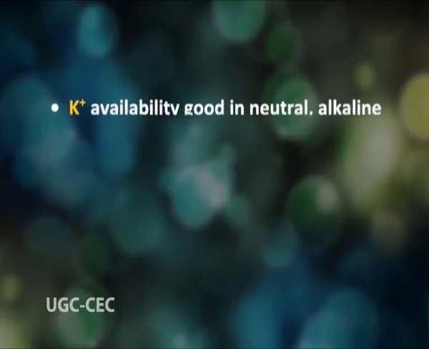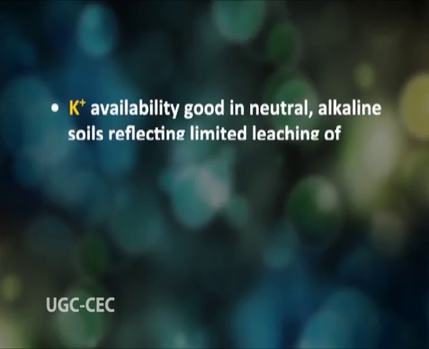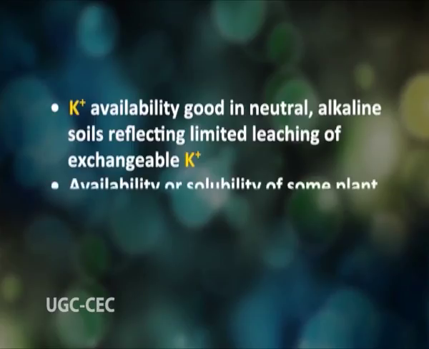The fact that increased availability of molybdenum occurs as the pH increases is responsible for molybdenum toxicity for plants in some soils. Potassium availability is usually good in neutral and alkaline soils that reflect the limited leaching of exchangeable potassium.